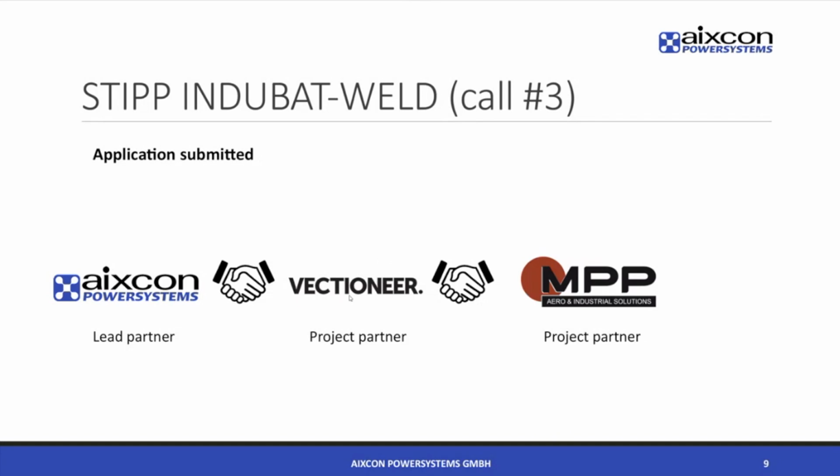Vectioneer will still be a partner, and then we have an additional partner, MPP from Belgium. So now we are a German company, a Dutch partner from Province Limburg, and a partner from Province Limburg, Belgium, and we submitted an application, I think about 4 weeks ago. We are now waiting for feedback.